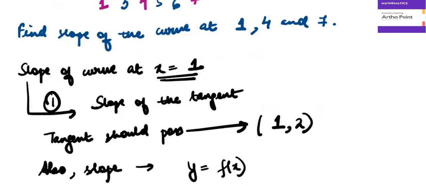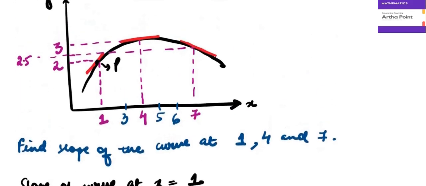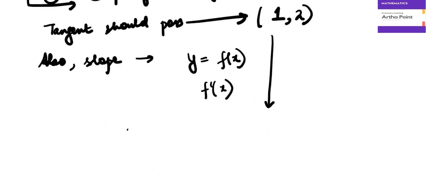The simplest thing that you can do in this case is go ahead and find the slope of the tangent. And you will ask me, how can I find the slope of this tangent if I am just given 1 point, 1, 2?